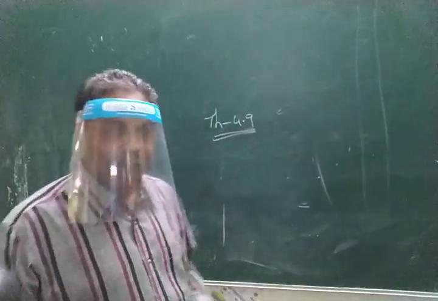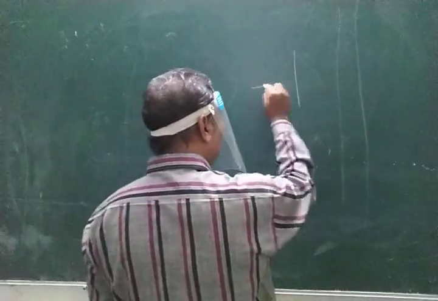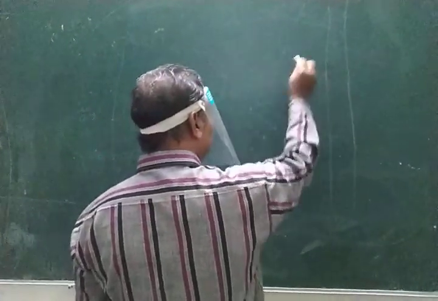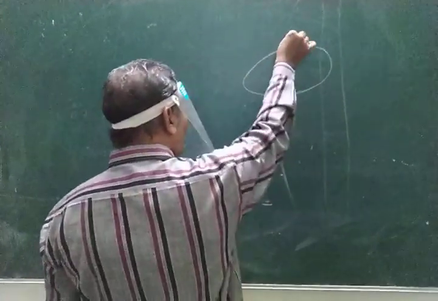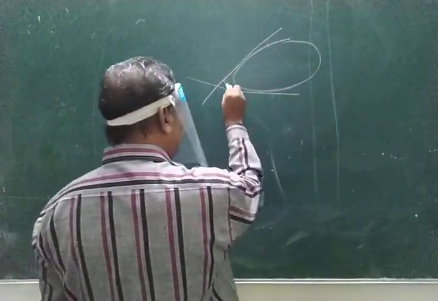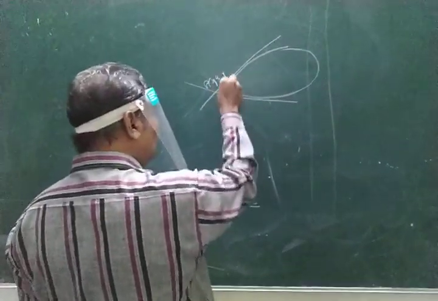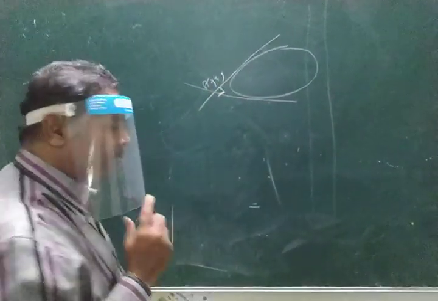Listen, this is the ellipse. The point of intersection of the perpendicular tangents: these two are the perpendicular tangents.